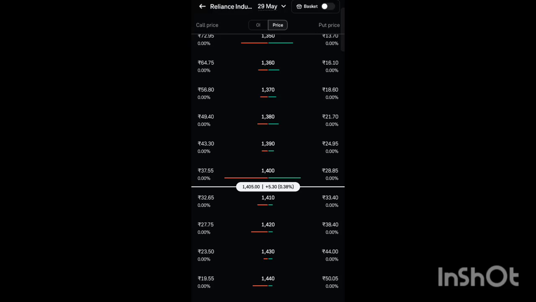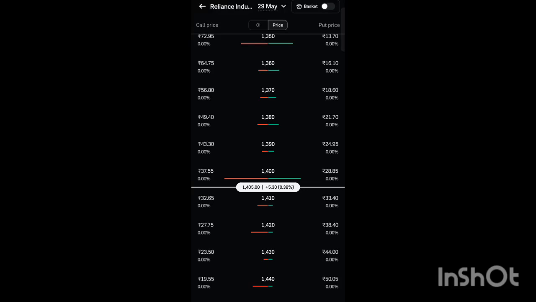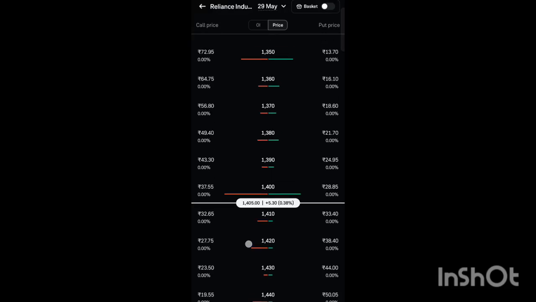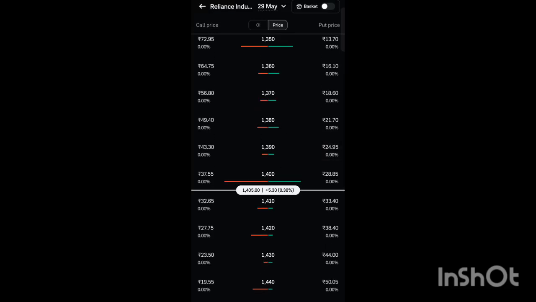Whenever price hits 1400, once you, like every day in the morning, check frequently on which strike price this OI changes. It can also be on the put side too. Whenever OI data is higher compared to other data, you can watch it.